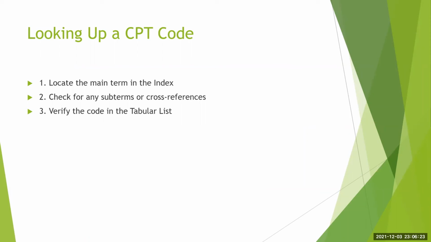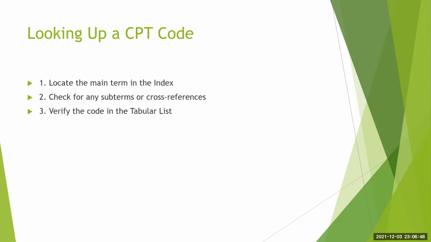Once the term that identifies the procedure has been located, the coder will refer to the code on the right-hand side of the column. Sometimes there may be multiple codes listed or a code range. Although they may represent the same procedure, each different code will include a specific detail regarding the procedure.